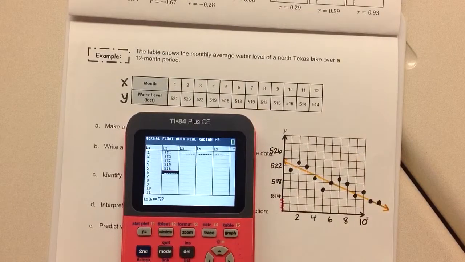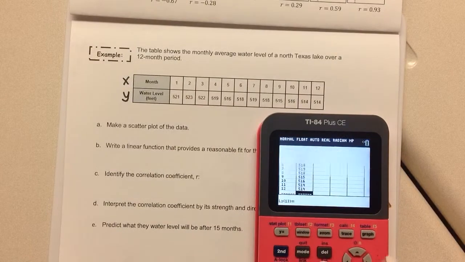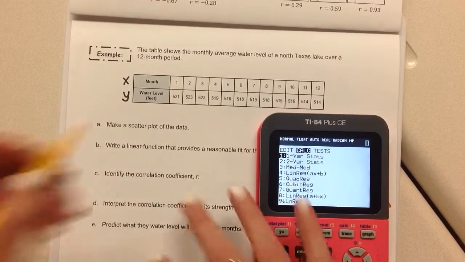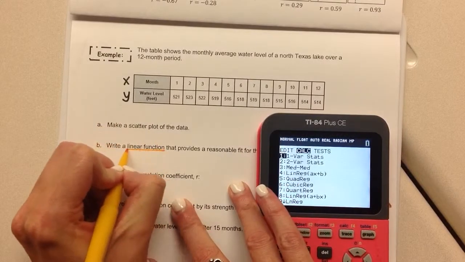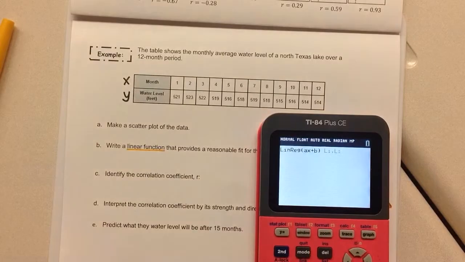I'm at 518, 519, 518, 515, 516, 514, 514. Okay, I would double check to make sure you typed in your data correctly, and so now we're going to go to stat, right arrow, and because it is a linear function, they told us it is linear, we want to pick option 4, and now we're going to arrow down and press calculate.